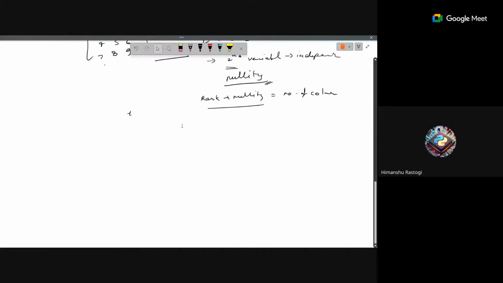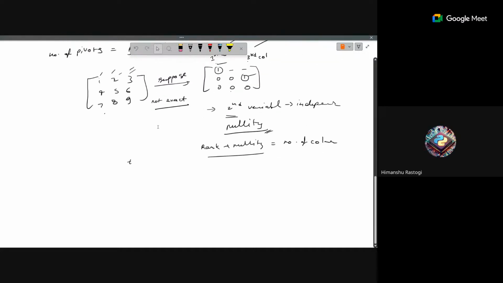Sir, till now I have only seen square matrices, like vector spaces and bases where we have an equal number of vectors and coordinates or variables in each vector.